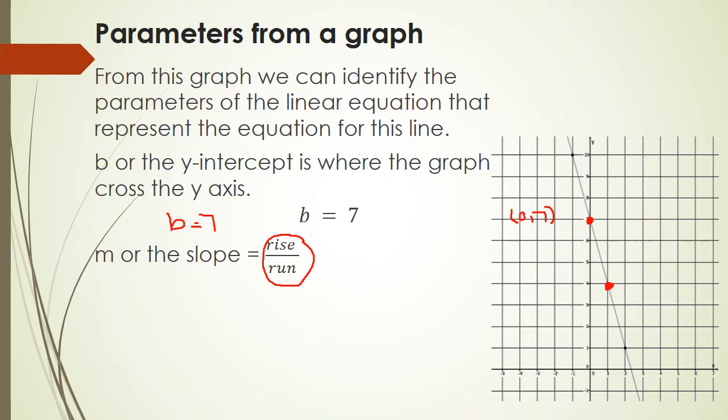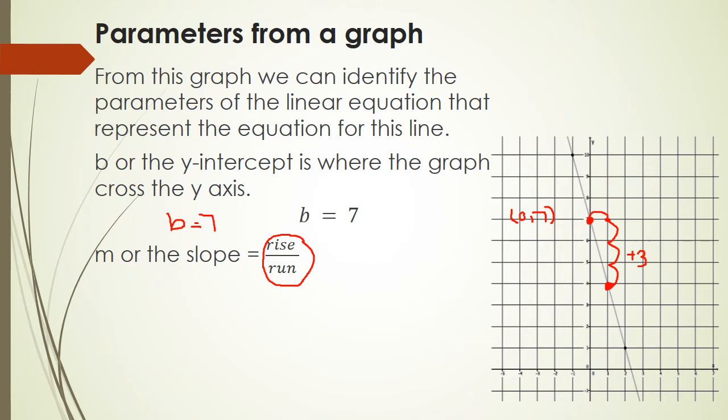So to find the rise, all I need to do is find the difference in height between these 2 points, and in this case it's 3 units, and I'm going to represent that by a positive 3 because I went up on the axis. And then to find the run, I need to go from where I stopped before horizontally, which means I'm going 1 point to the left.